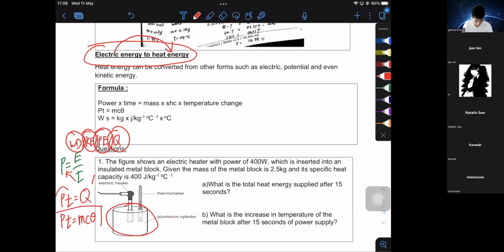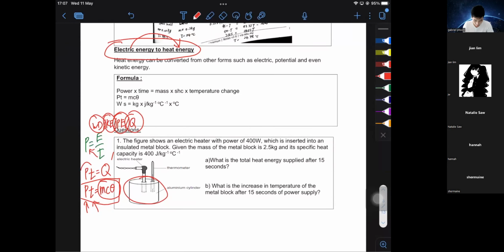And thus, this gives rise to the new formula for converting electrical energy into heat energy, meaning to say, however much heat energy is supplied to a specific material, it depends on how much power we supply to the heater and how long we are supplying this power to that specific material, guys. Definitely, they will ask this in your IGCSEs, but of course, it all comes back down to how you identify and extract the information, guys.